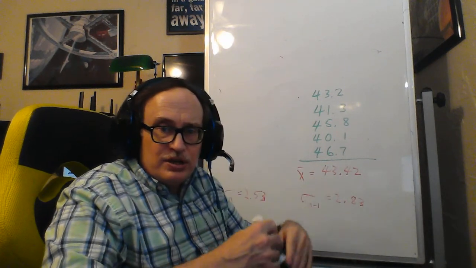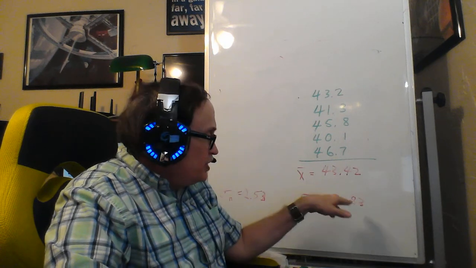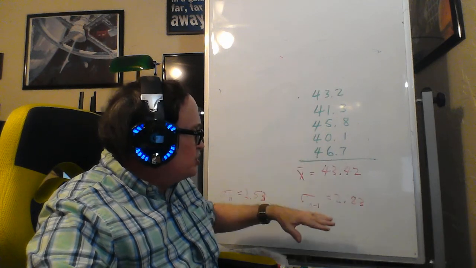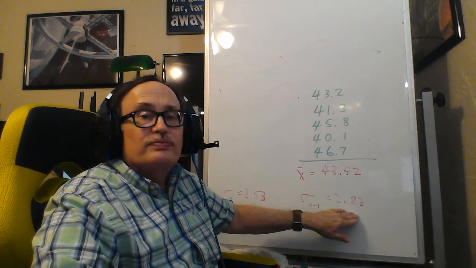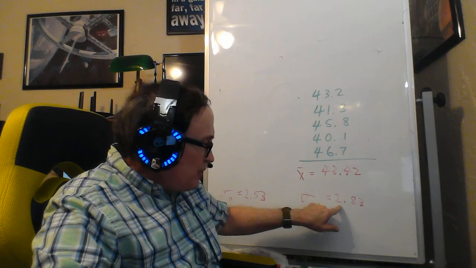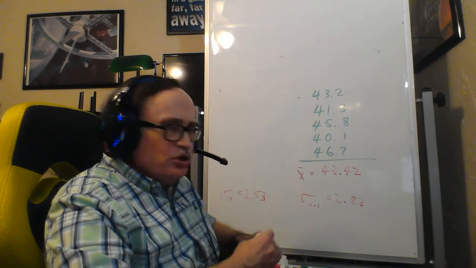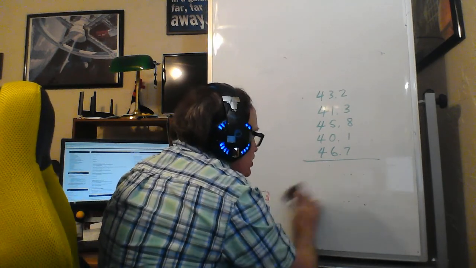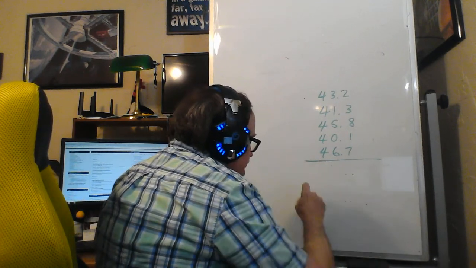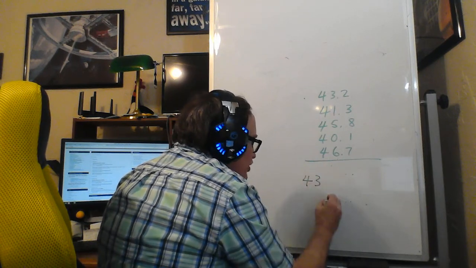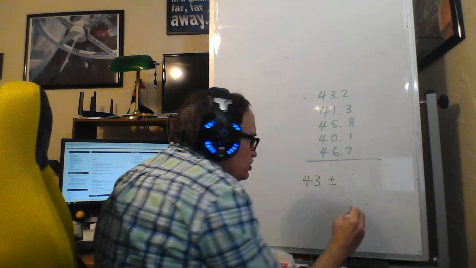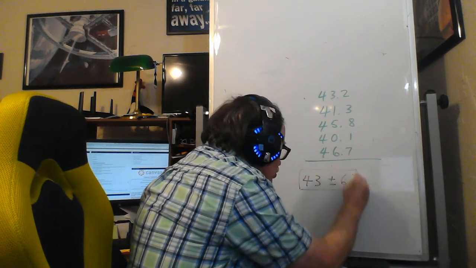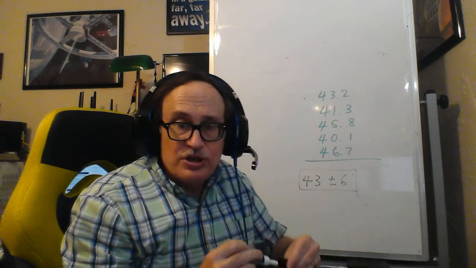Another way of figuring it, if you want to be really particular, is to find the standard deviation. The standard deviation of that set of numbers would be 2.83, which rounds to 3. So we could say the average would be 43 plus or minus 6, which is double the standard deviation.